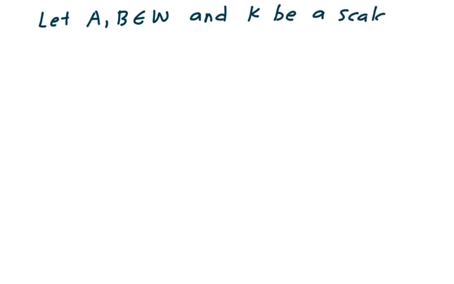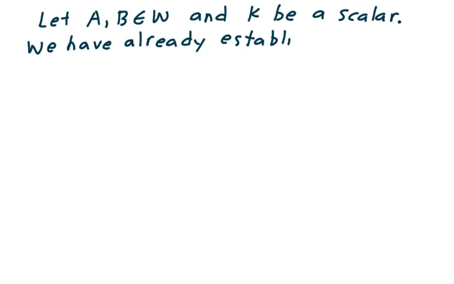Okay. Now, I'm going to let A and B belong to W and K be a scalar. Now, we have already established that A plus B and Ka are n by n matrices, right?